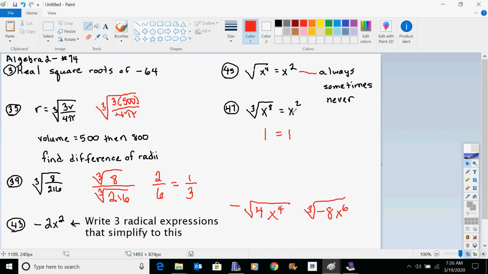If you plugged in 0, 0 would also work. If you plugged in -1, -1 would actually also work, because when you take -1 to the 8th power, you get +1, and the cube root of that, you get 1, and that equals 1 squared. So this one is sometimes true. And if it's only sometimes true, you can't use this as a hard and fast rule for simplifying.